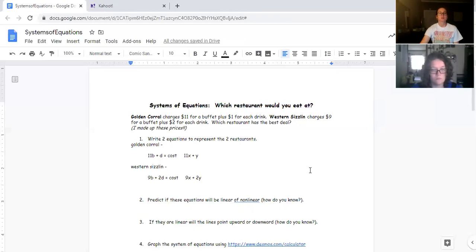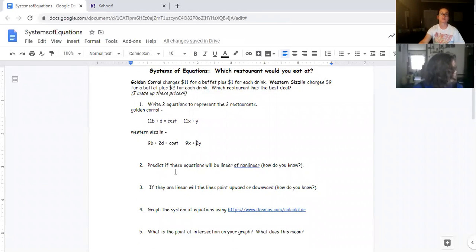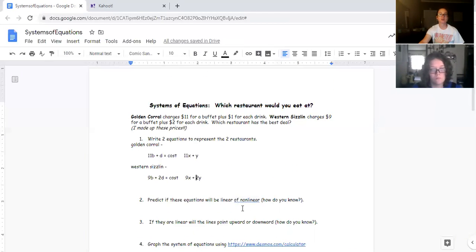All right, now let's predict if these equations will be linear or nonlinear. The ones that we created here, do you think these are linear? That they will create a line when we graph them? I don't think so. You don't think so?